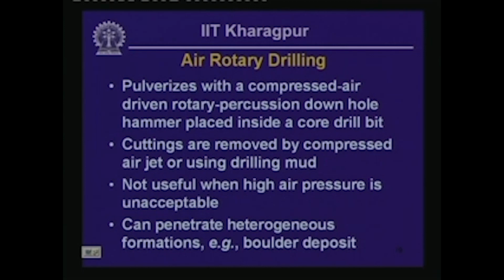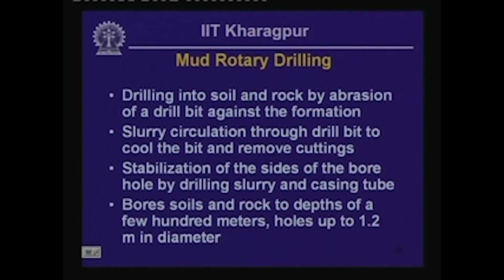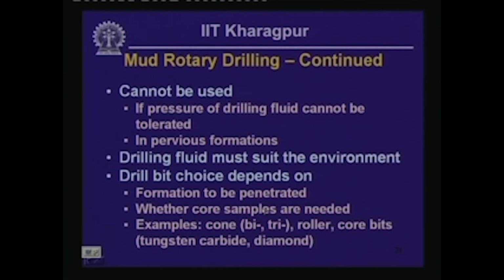The drilling depth of air rotary drilling can be up to about 1000 feet, not 1000 meter, and you should note this. The drilling can go to a depth very similar to mud rotary, a few hundred meters really. So, air rotary and mud rotary both can go up to a few hundred meter depths.